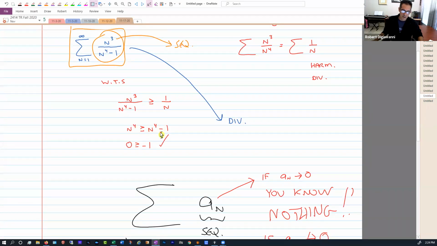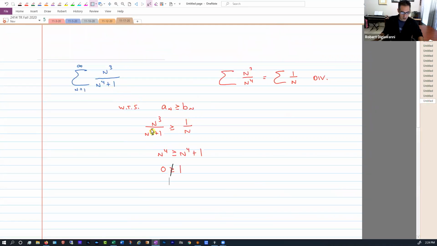This was a -1, and then these went away, and this side was bigger than this side, and we were happy, right? But here, because this is a +1, when we cross multiply like that, this side now is bigger than this side because there's a +1 there, right?